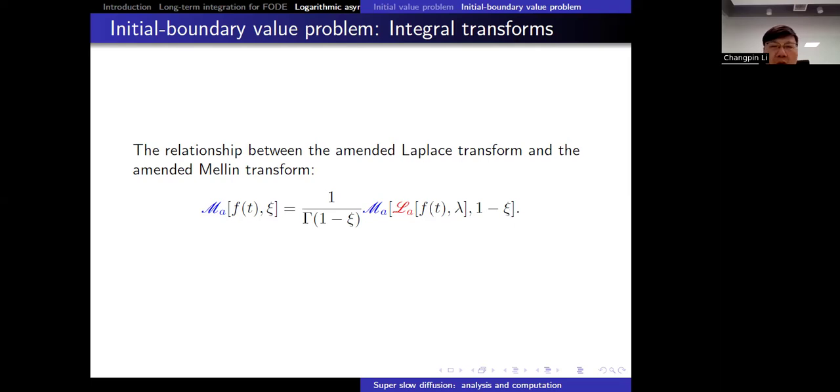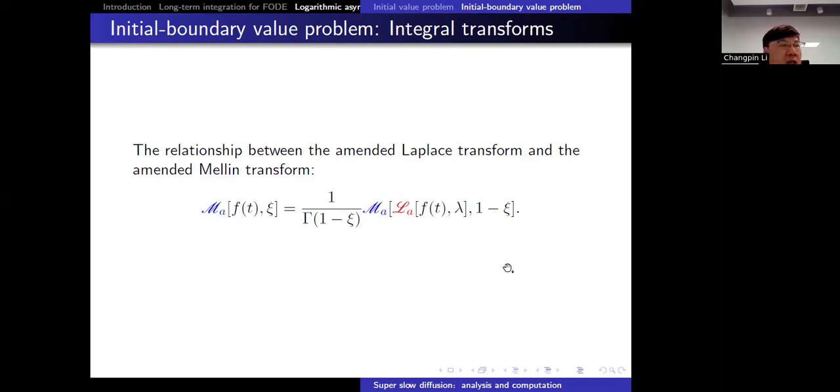Using the above well-defined integral transforms, we can get a closed form solution of the initial boundary value problem.